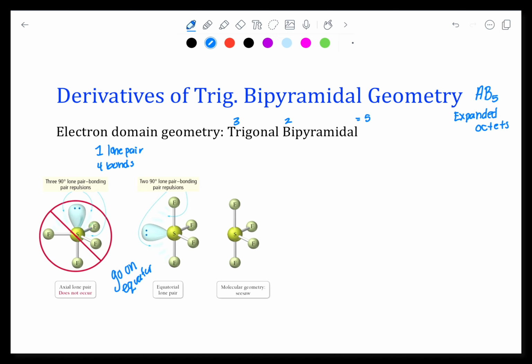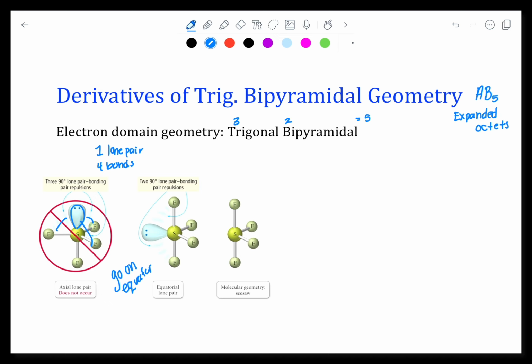If we put them up on an axial, which is the example we have here, there are now 3 90-degree angles that are repelling those lone pairs. Lone pairs are strictly electrons. They're not wrapped up in a bond being shared or anything like that. So they want to repel them more. We don't prefer lone pairs.